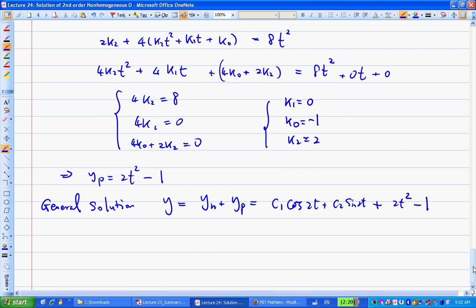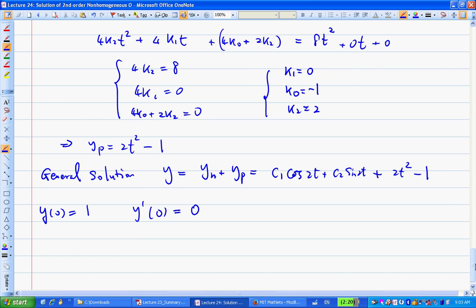Now, you will probably have an initial value problem, right? So let's say maybe what you're given here is y of 0 equal to 1, for example, and y prime of 0 equal to 0. Let's use these two initial conditions to solve for c1 and c2.